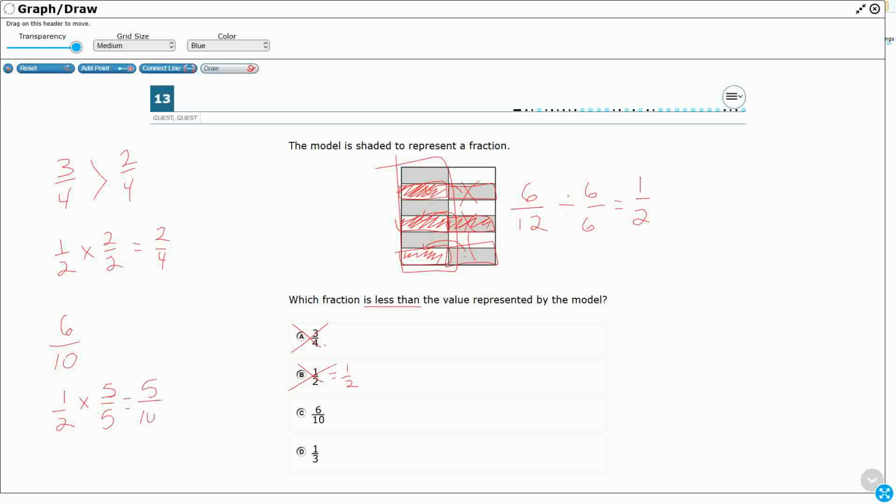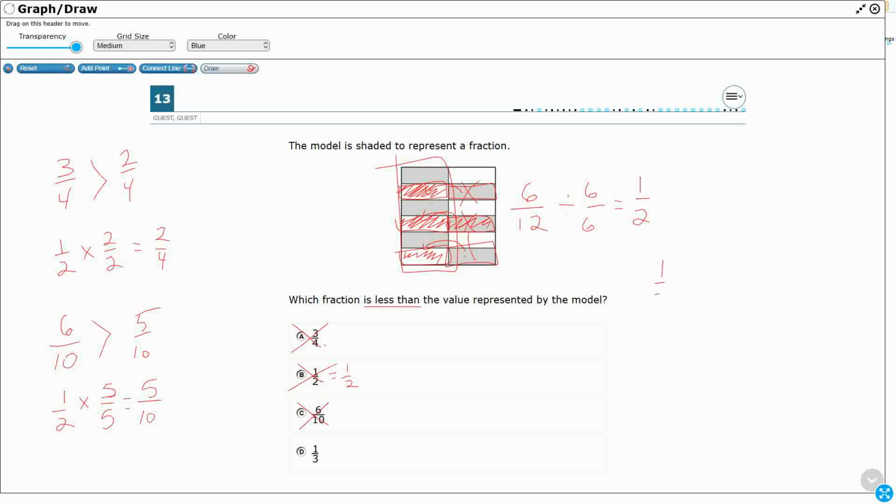It's still the same number, we just make it look different. 1/2 is the same as 5/10. So now I can compare 6/10 and 5/10. And unfortunately, 6/10 is still greater than 5/10. I'm looking for something that's less than 1/2, or less than the equivalent. So, sure hope it's D because that's our final answer choice left.